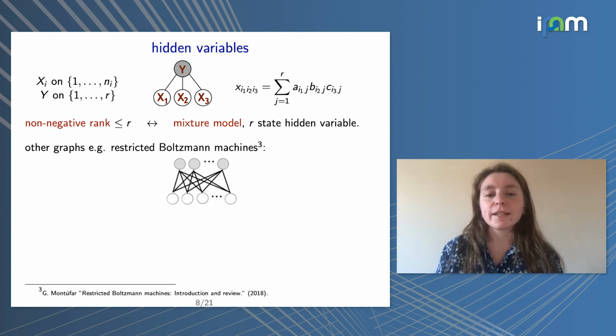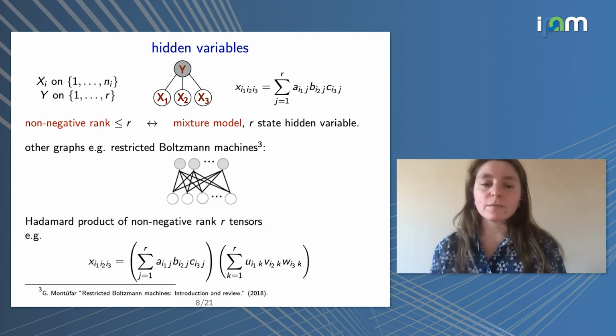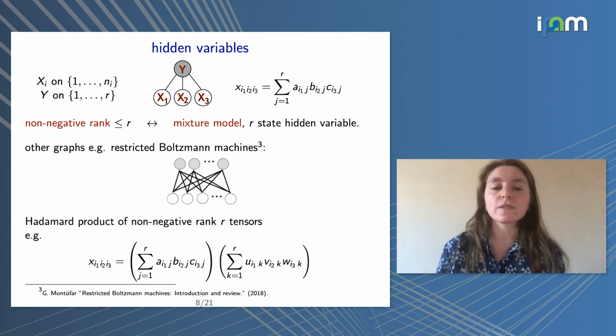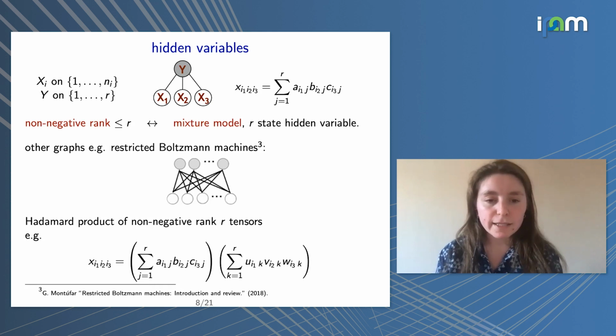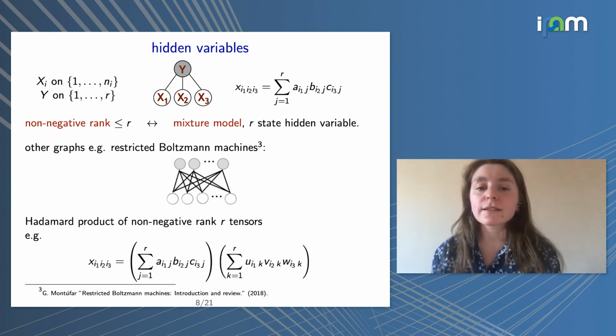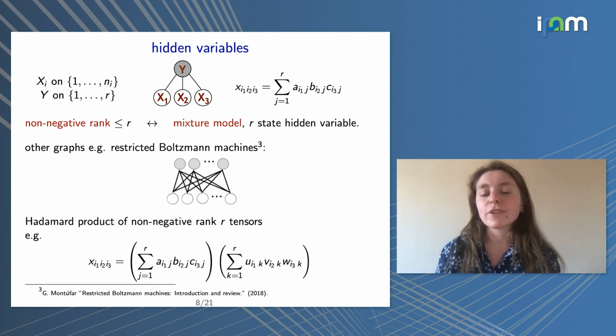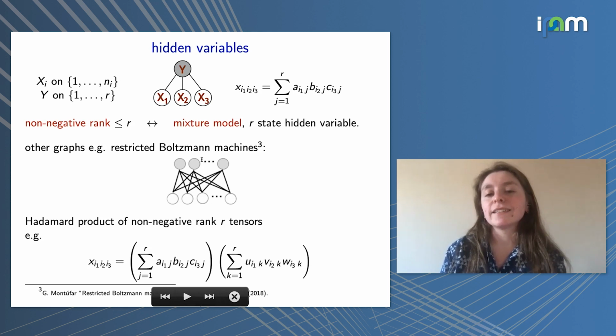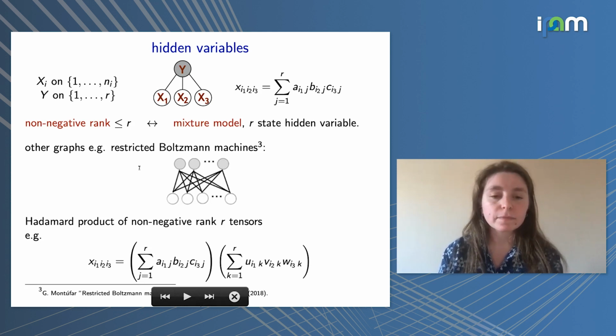And we can work this out by looking at the fully observed setting and then summing over the hidden variables. And in this case, we get a Hadamard product of non-negative rank R tensors if each of the hidden variables have R states.